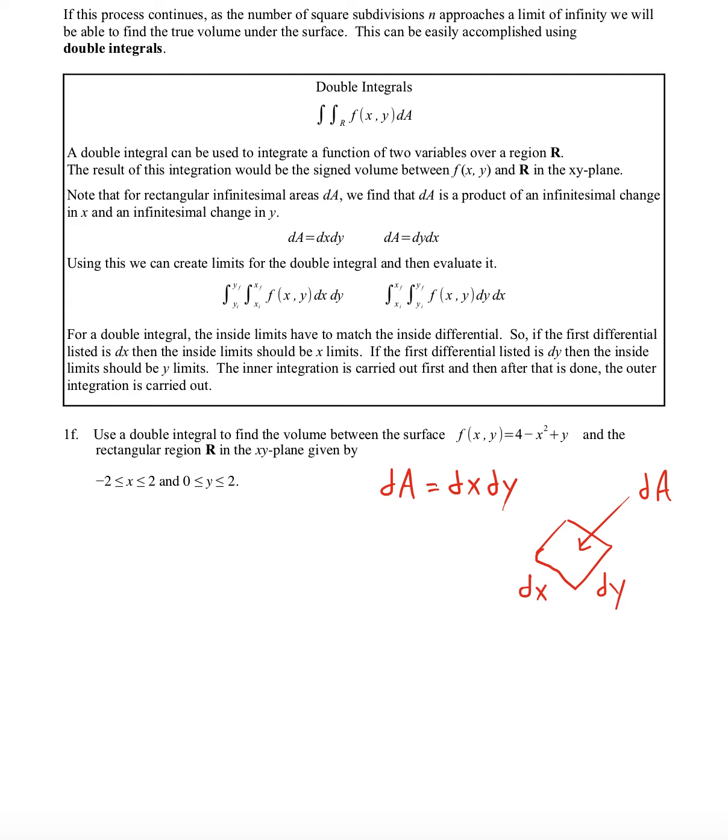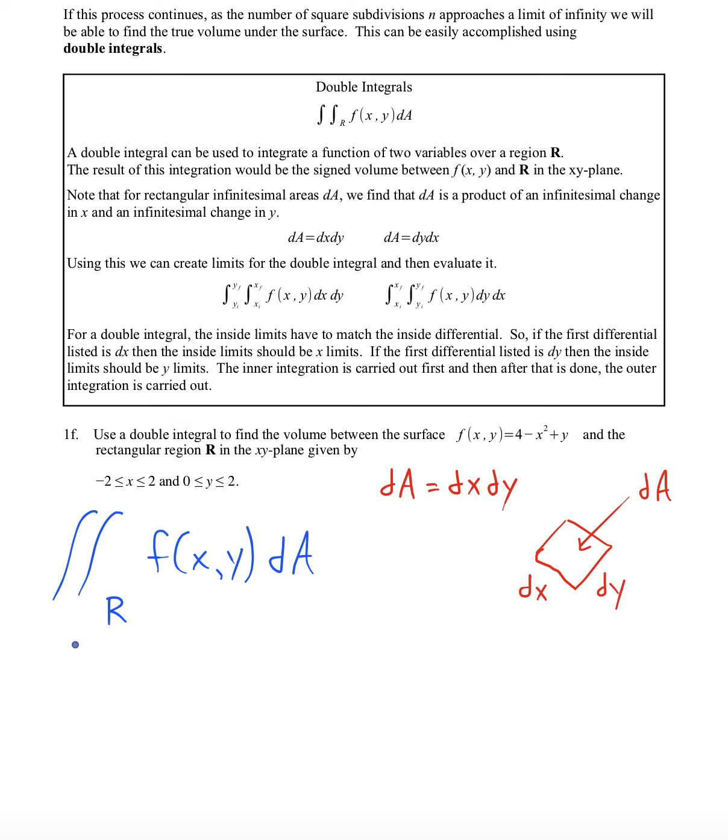Let's try this now. Let's try to set up the actual double integral here. Now we can always write this just to get started. That is just the general form of a double integral where you're integrating over the region R. The little subscript here means that R is the region of integration. And we don't have to have any limits just yet.